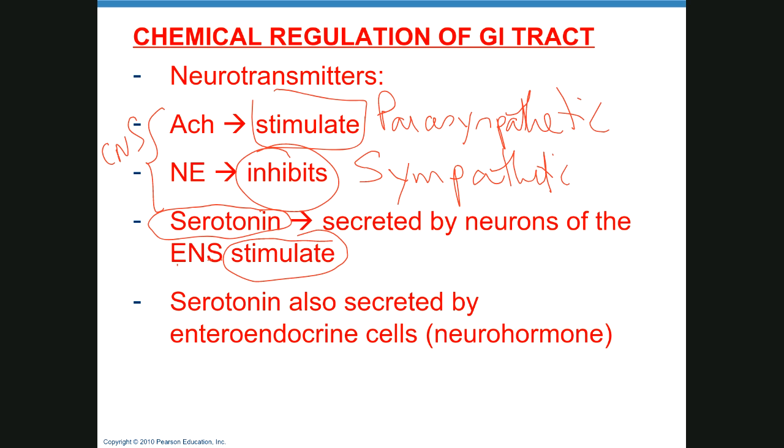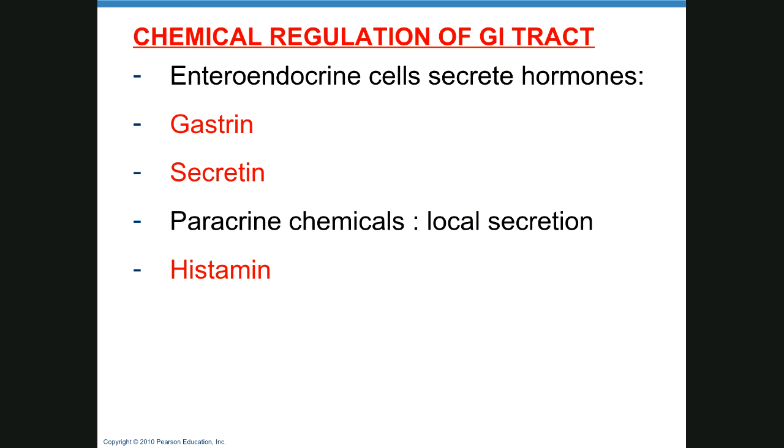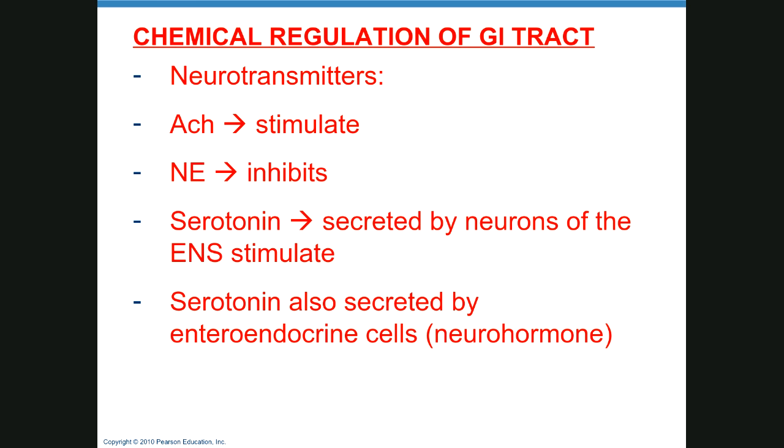Serotonin is also a neurohormone, which is going to be secreted into the blood by enteroendocrine cells of the GI tract. So just like norepinephrine is a hormone and a neurotransmitter, so will serotonin be a neurotransmitter or a hormone if it is secreted into the blood. The effect will be the same, stimulation.